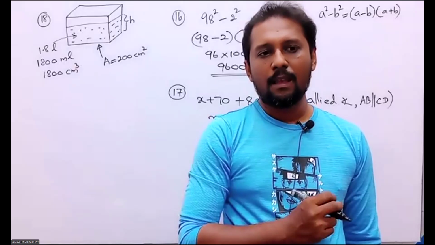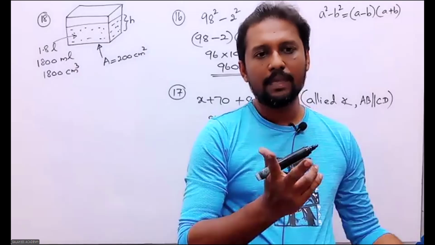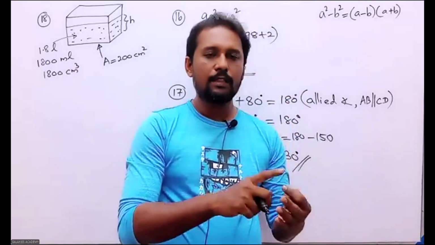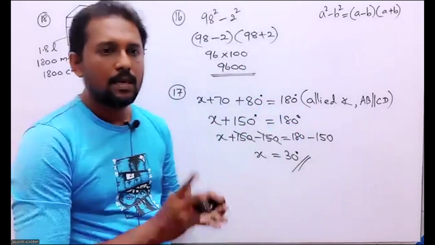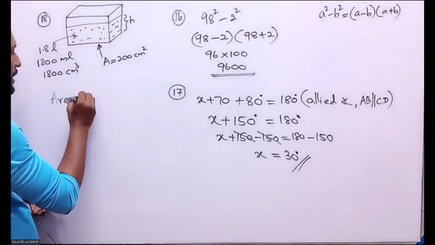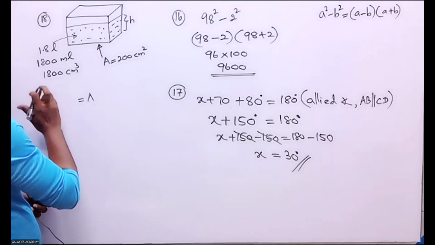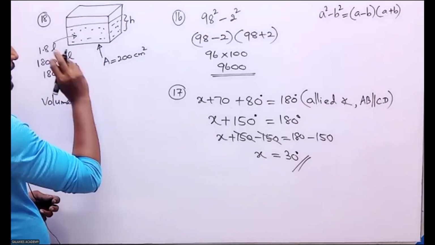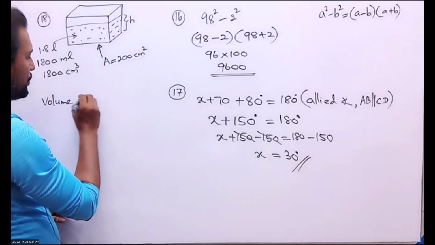Then you revise another one. How can you find the volume? I told you there are two methods. The one method, length into breadth into height. The other method, length into breadth means the area of the cross section, no? Area of the base multiplied by height. So volume we can write as area of the base, 200.